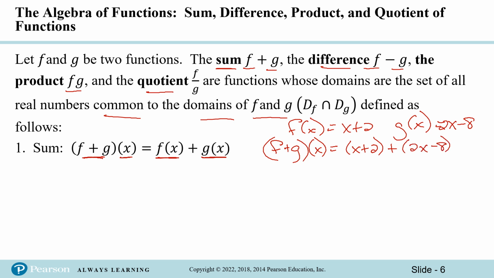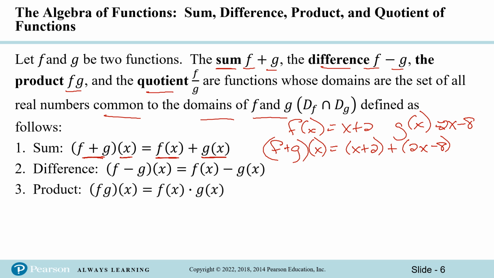That's all that's saying. And then you would simplify it. 3x minus 6 would be the final answer. F minus g works the same way. Don't forget that you would have to put the g function, or the second function, in parentheses to distribute the negative. The product, we just multiply the functions.